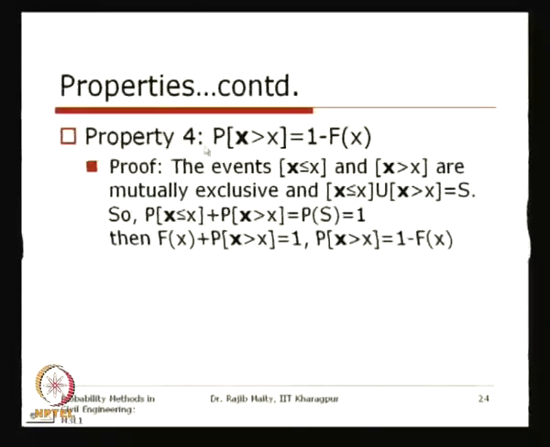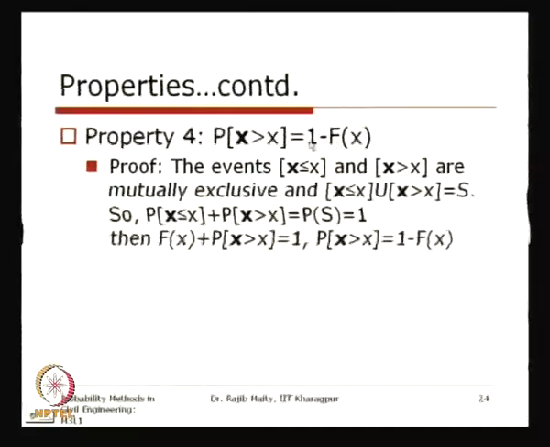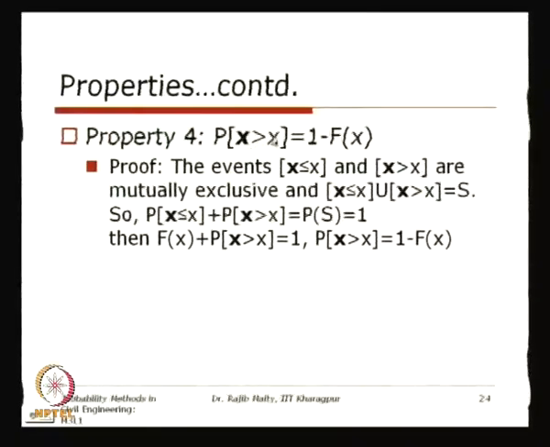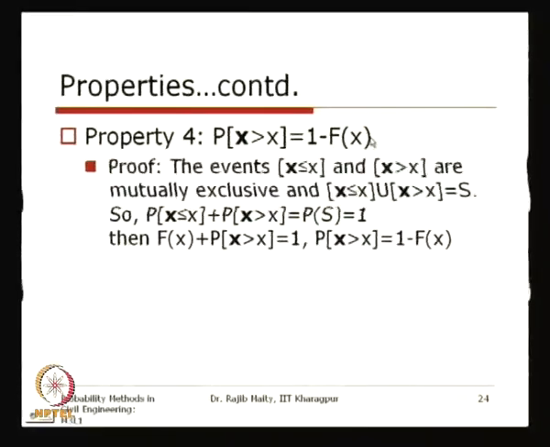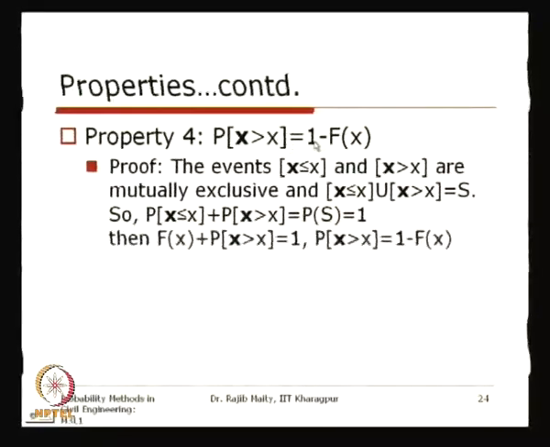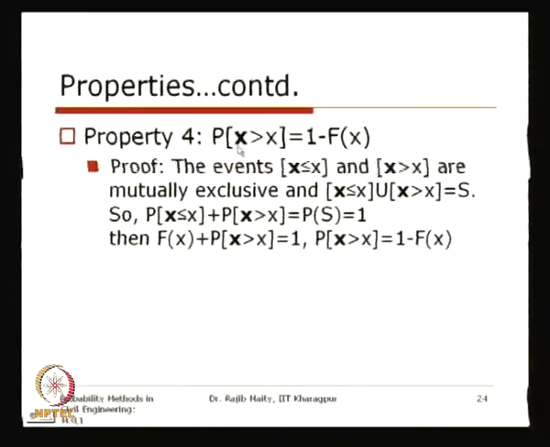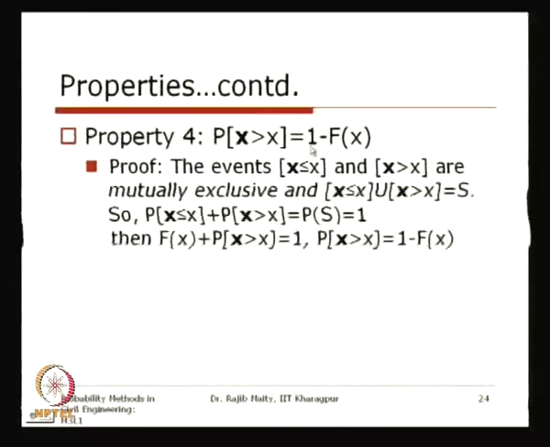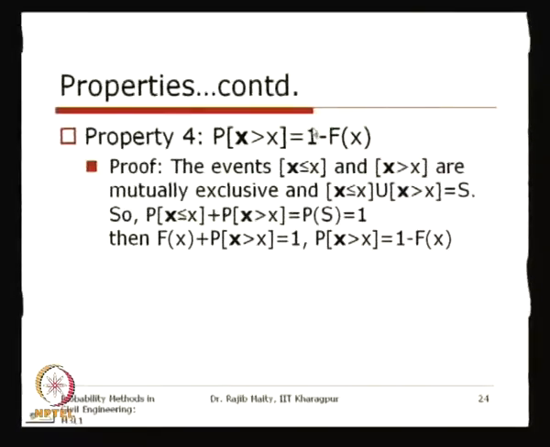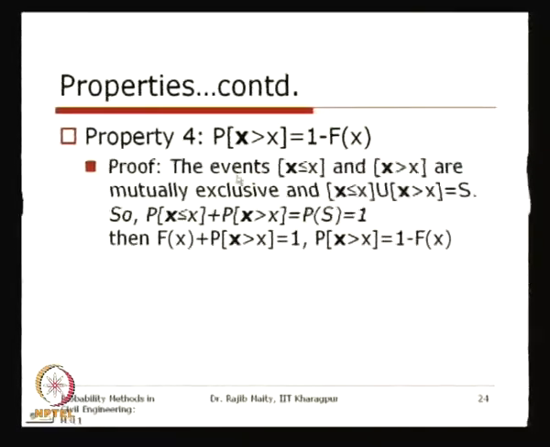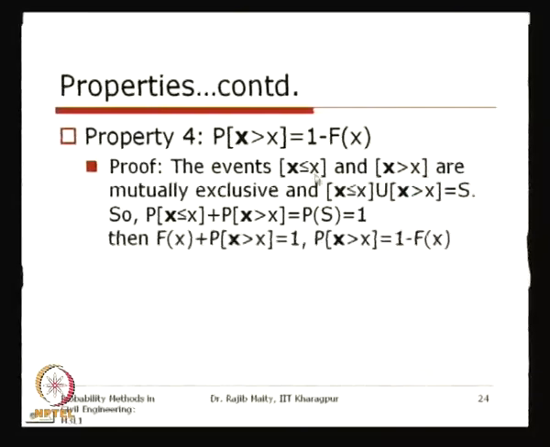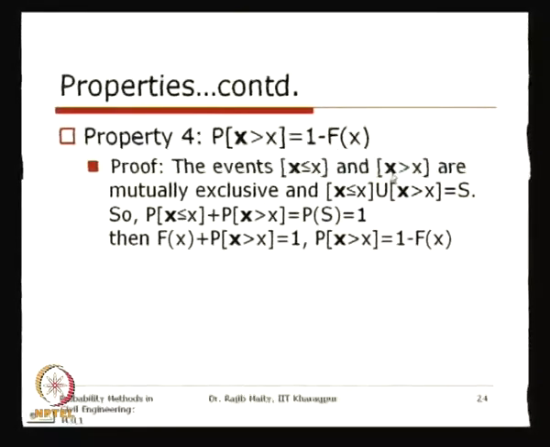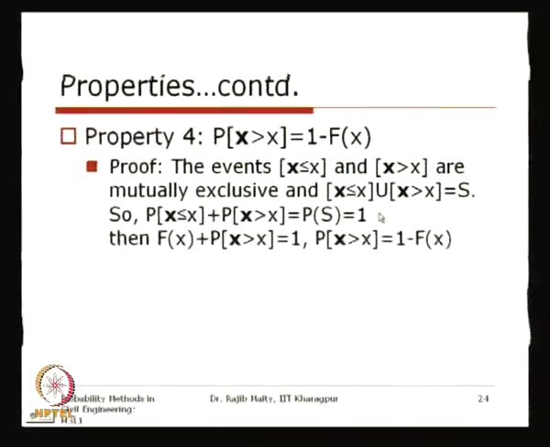Property 4: the probability of X greater than x is equal to 1 minus F of x. The probability of X less than or equal to x is what we designate as F of x. Now, we know that total probability is always 1. So, if I want to know the probability of X greater than x, obviously this is the rest of the probability, which is 1 minus F of x. Proof: the events X less than or equal to x and X greater than x are mutually exclusive and collectively exhaustive.